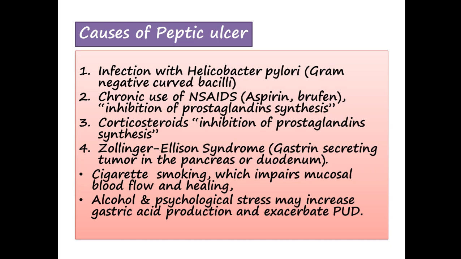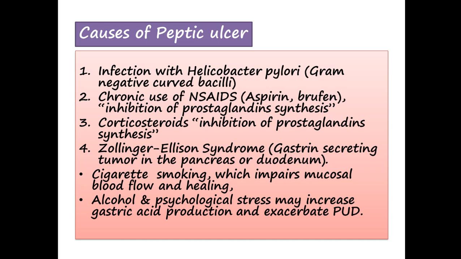Corticosteroids also promote peptic ulcer disease, and they do so also by inhibition of prostaglandin synthesis. Another cause is a tumor known as gastrinoma, which is mostly present in the pancreas or the duodenum.